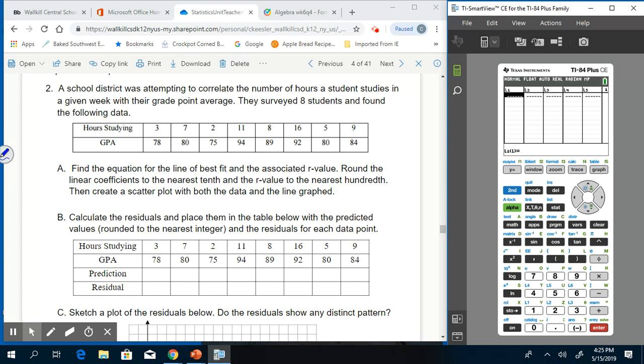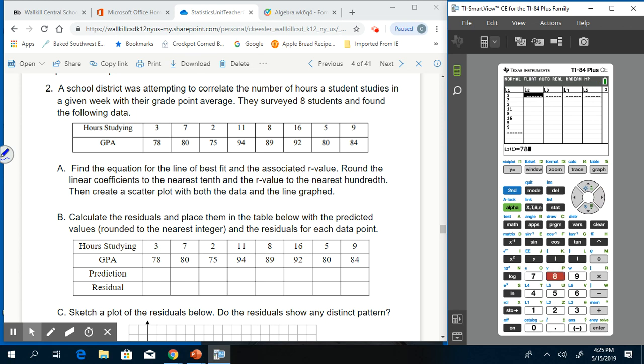So for hours of studying, we have 3, 7, 2, 11, 8, 16, 5, and 9. Then L2 is going to be our GPA.